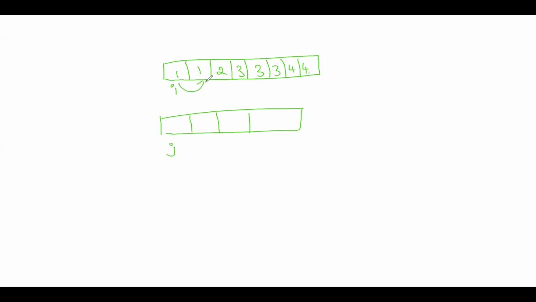Next, I will compare i with i plus 1. If both are equal, which means they are the same element, then I'm simply going to increment the i value. Once again, I'm going to compare these two, that is i and i plus 1. The moment I find that i as well as i plus 1 are not similar, then I'm going to store the value of i in j.